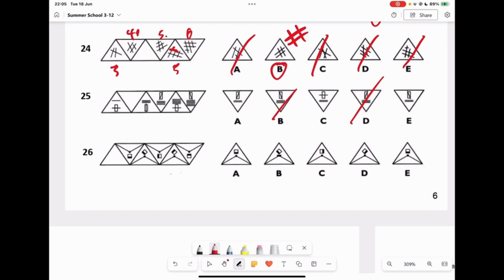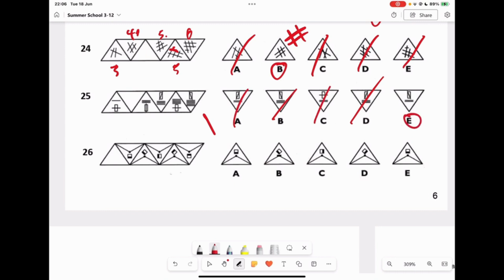The line is rotating by 45 degrees clockwise each time. So, knowing that, we know that the line will be facing this way. Because of that, we can rule out A and C and say our answer is E.